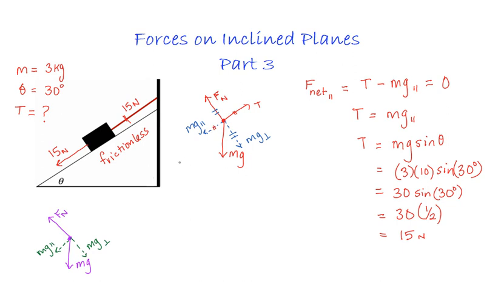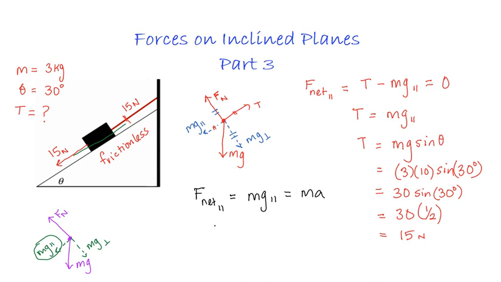Okay, and so we can see now that in the parallel dimension, which is the one along the surface of the ramp, there's only the parallel component of the force that's acting on the object. There's nothing opposing it. So when I write out my net force equation, I write net force in the parallel dimension. There is only one force, the mg parallel component, and that is equal to not 0 anymore, but net force, which is m times a.